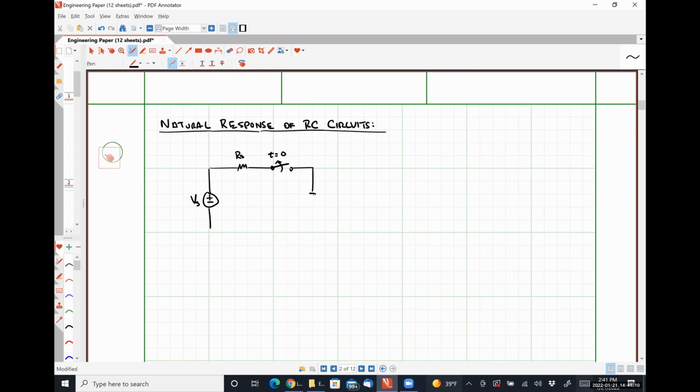And that switch is connected to a resistor in parallel with a capacitor, like so.